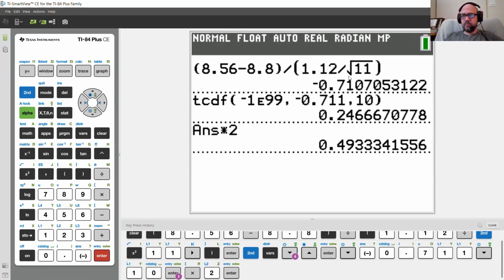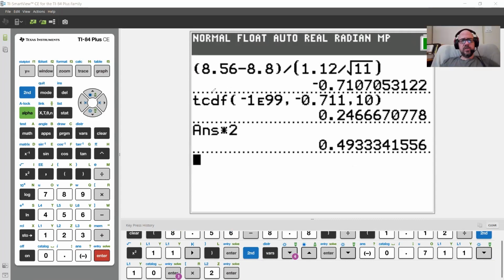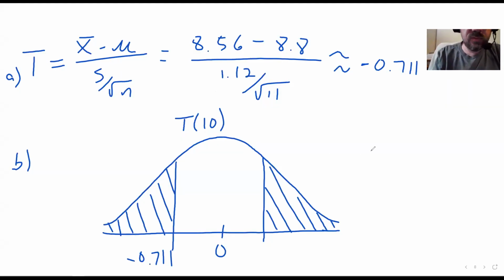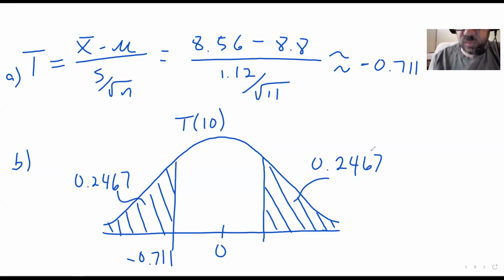So let's go back to the whiteboard. So this area is 0.2467. Sorry, I'm doing everything in blue. I probably should have varied the colors a little bit. That's right, 4, 6, 7. And so all together, I end up with 0.4933.